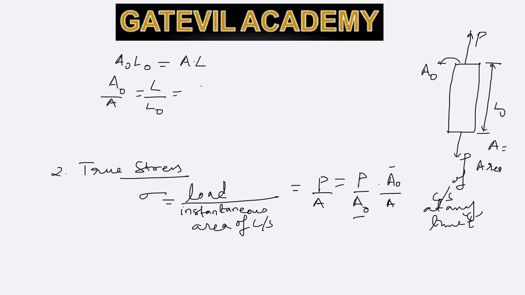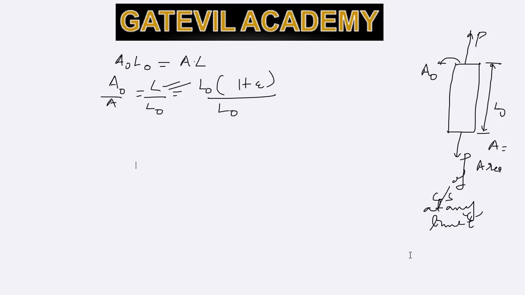Now this L by L naught can be written as L naught into 1 plus epsilon divided by L naught. I'll tell you how we can write L naught multiplied by 1 plus epsilon in place of L.